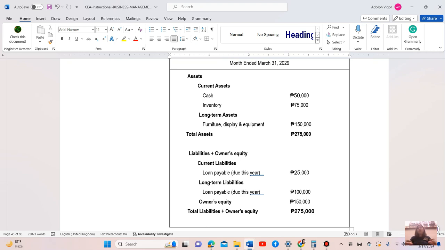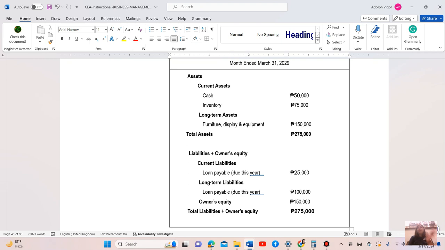In terms of liquidity, you will not dispose of them within the year because they're long-term assets. You only dispose of them when you're heading toward bankruptcy, that's when you sell your furniture and equipment. But if the company is healthy, that's under long-term assets. So you have total assets of 275,000.